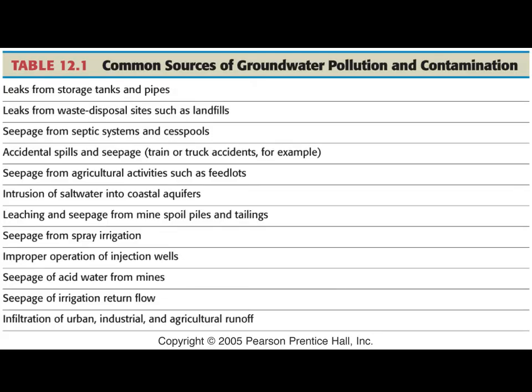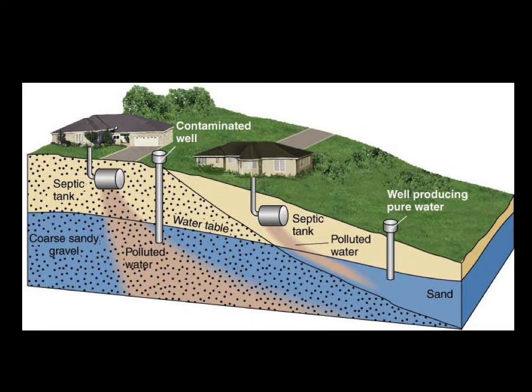There are a lot of different sources of groundwater pollution and contamination, things like storage tanks and pipes that are leaking, seepage from septic systems, and irrigation seepage. There are a lot of things that can get contaminated water into our water supply, and it becomes a really big problem when that contaminated water gets into our groundwater.